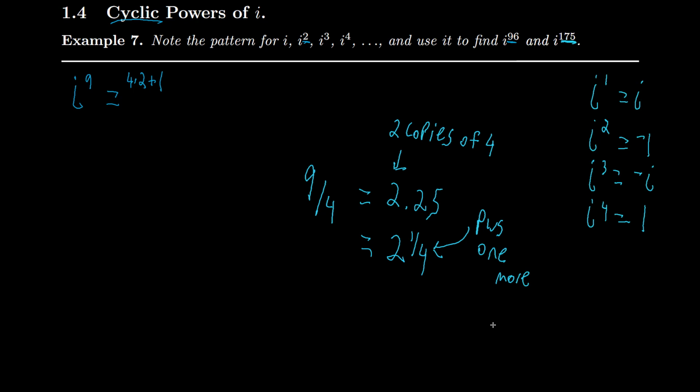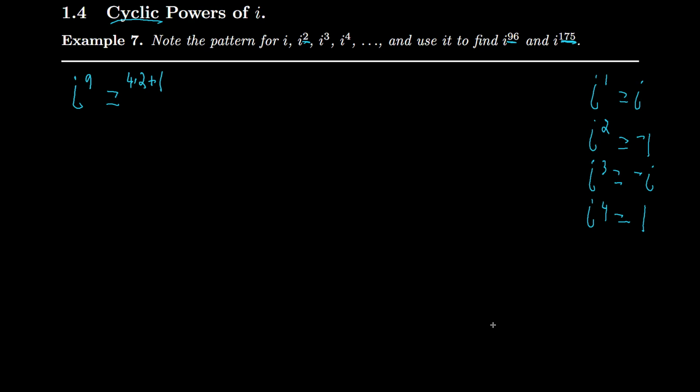Okay? So we can write 9 as 4 times 2 plus 1. That's just 8 plus 1, which works. So that's neat. So that's all that this is. This is i to the 4 times 2 plus 1. How is that useful?